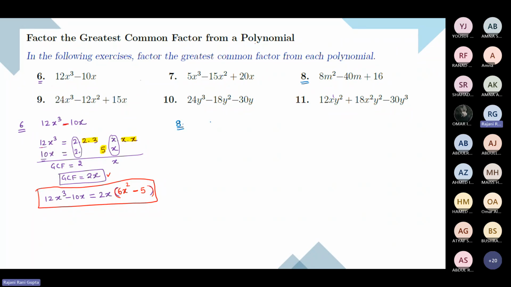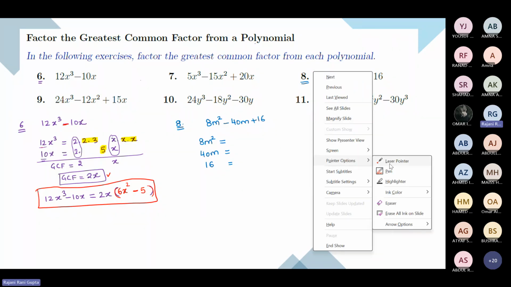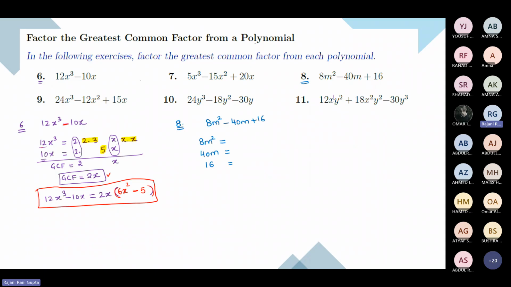So it says 8m power 2 minus 40m plus 16. Let's write 8m power 2. We have to make the factors of 40m and also of 16. Here you can use a little bit of a shortcut, because you know that 8 is a factor of 40 and 16.